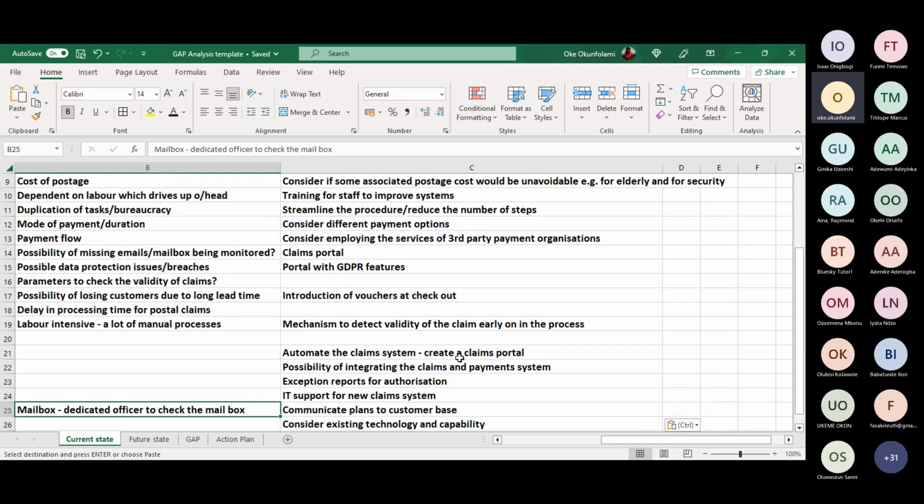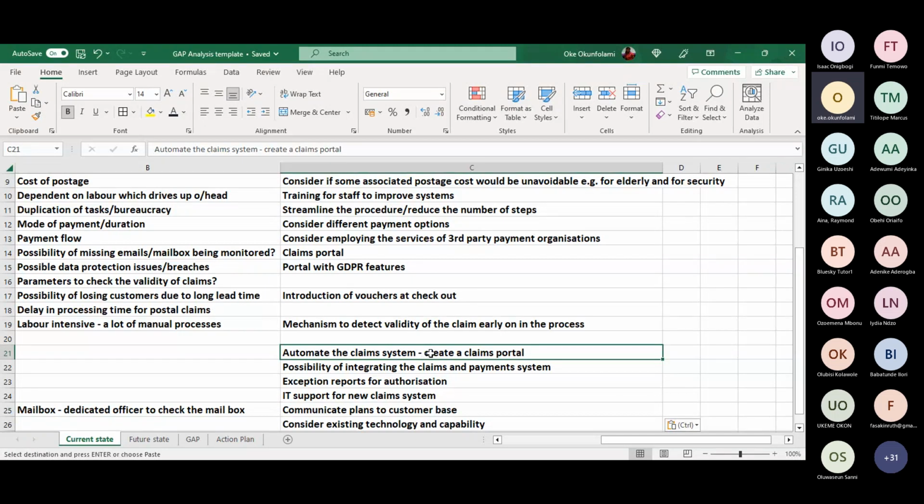So we said automate the claim system and create a claims portal. That was a really good one, because why start the process, pass it on to another thing, come back again, when you can have everything in one place, securely stored, and access it using your username and password.